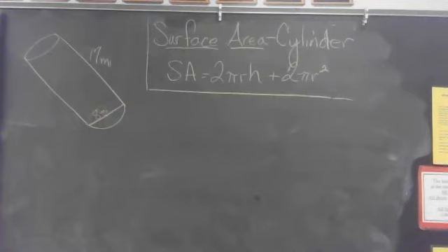I want you to decide all the numbers that you're going to be putting in underneath the formula. Remember, your best practice is to write the formula first. Then, in the next step, plug in the numbers. We're going to assume that the instructions told you to use 3.14 for pi. So I want you to get those plugged in, do a head start.